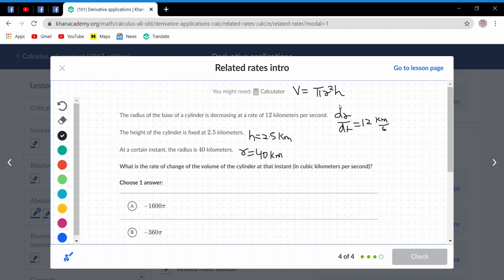So we can do it like this: dV over dt, the derivative with respect to time, is equal to, let's pick out the 2.5 and pi because these are constant values, times the derivative with respect to time of r squared.